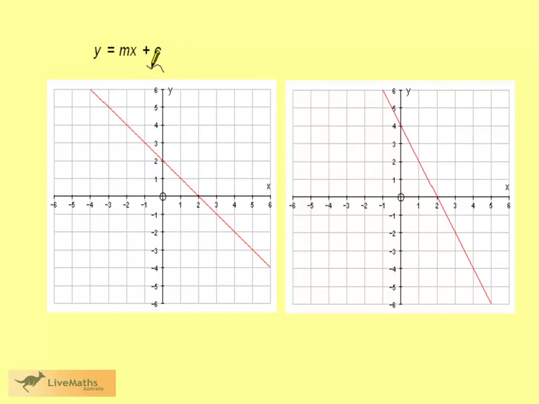Now consider this line. For the y-intercept, we look for where the line crosses the y-axis. It crosses at 2, so c is equal to 2. For the gradient, we need rise divided by run. Choose any convenient point.